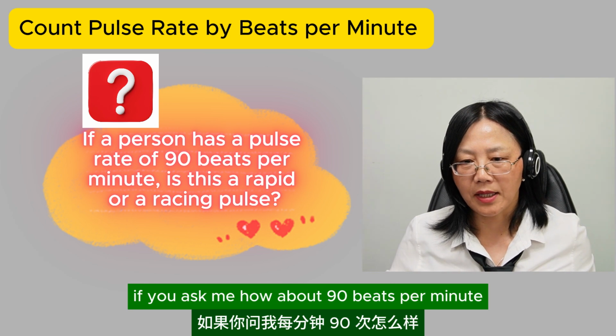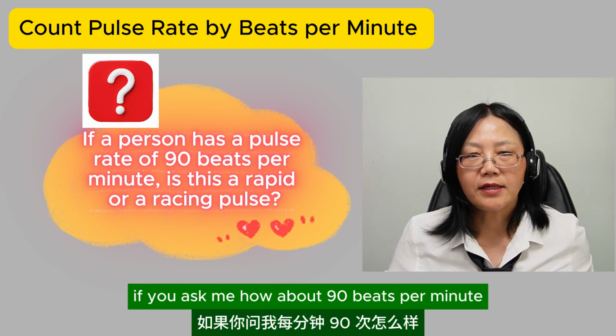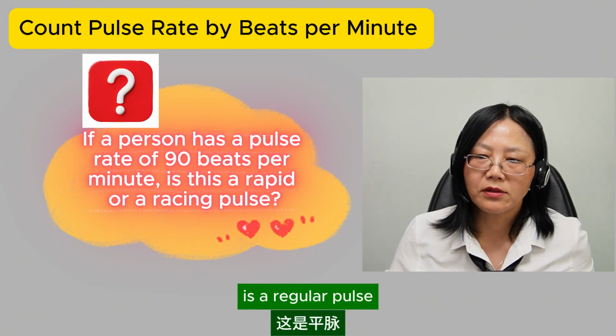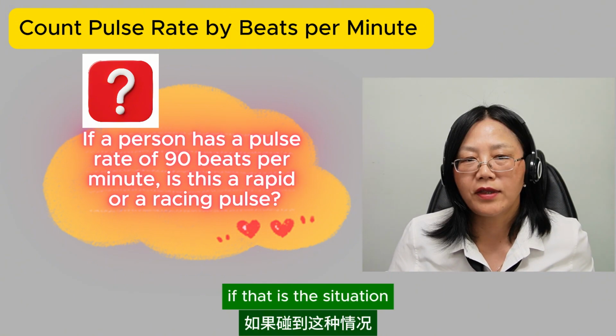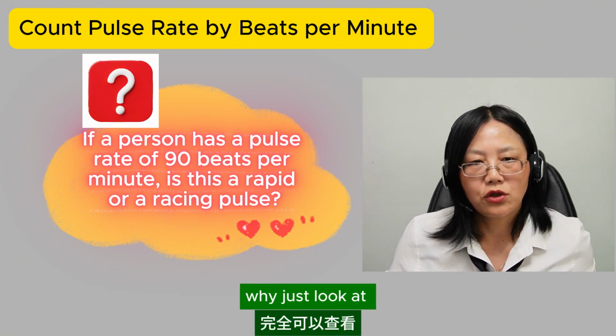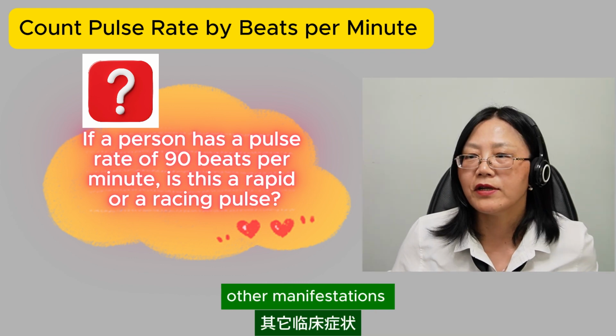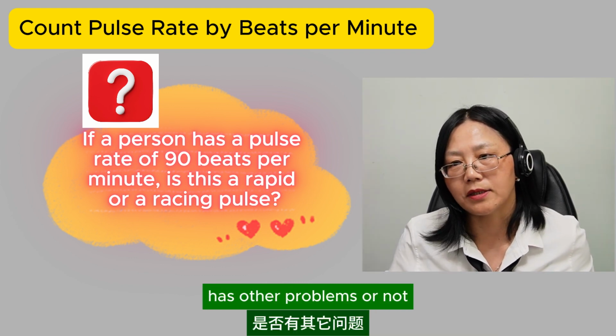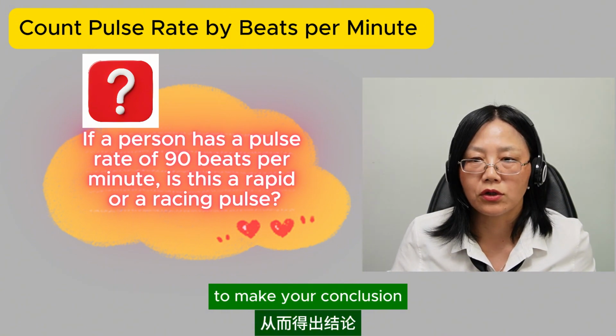If you ask me, how about 90 beats per minute? If people are just counting 90 or 91, is that a regular pulse or a rapid pulse? In that situation, look at other manifestations to think about whether this patient has other problems or not to make your conclusion.